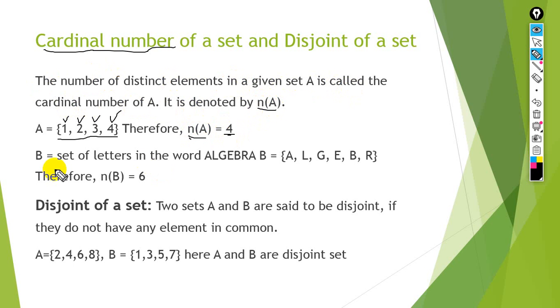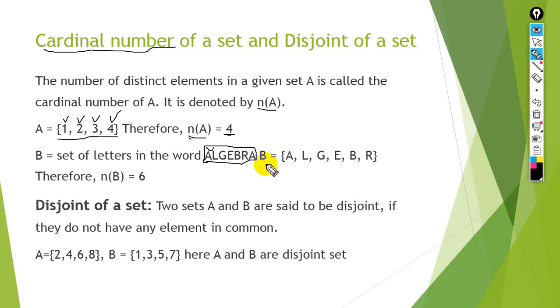Okay, so here for example we have a set B equal to the set of letters in the word algebra. So now we want to take a set of all these letters. How will we take? Look at this. B is equal to {A, L, G, E, B, R}. So what will be the cardinal number of this set?